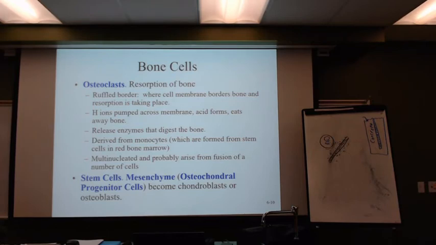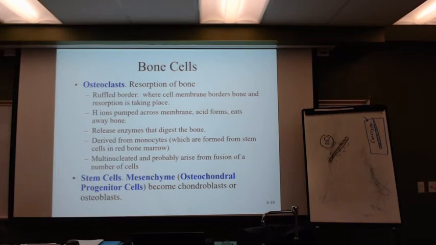So the goal as we think about bone, because we think of bone for storage of calcium. That seems to be one of the big things we think about with our bones. And so hopefully it will go back to being storage.